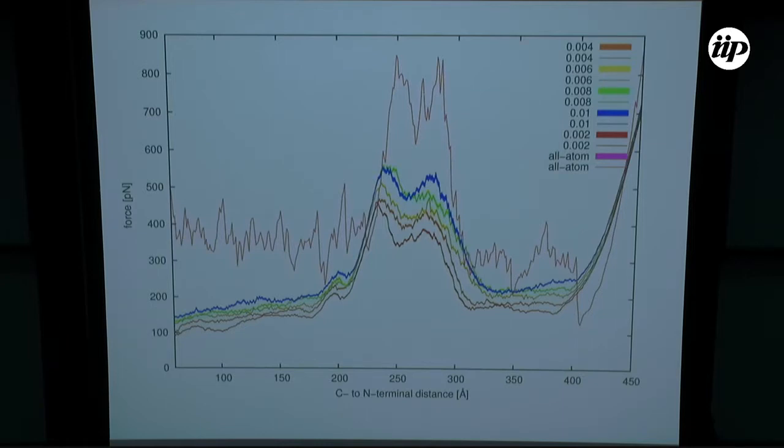The larger the pulling speed, the more shifted it will be to the larger C to N terminal distance. But this is known from literature. So we get a very nice comparison between the all-atom and UNRES results for AFM, which more or less validates our results for reductive environment.